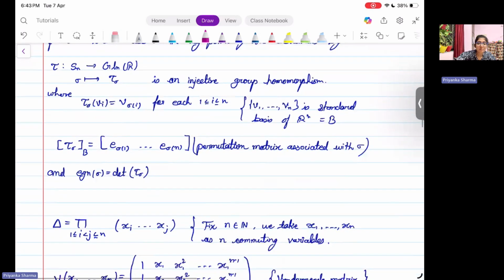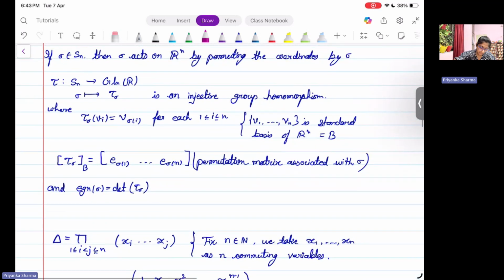If sigma belongs to S_n, then sigma acts on R^n by permuting the coordinates by the permutation sigma. So we can have a map tau from S_n to GL_n(R), the general linear group over R. This is an injective group homomorphism, and it maps every sigma to tau_sigma.